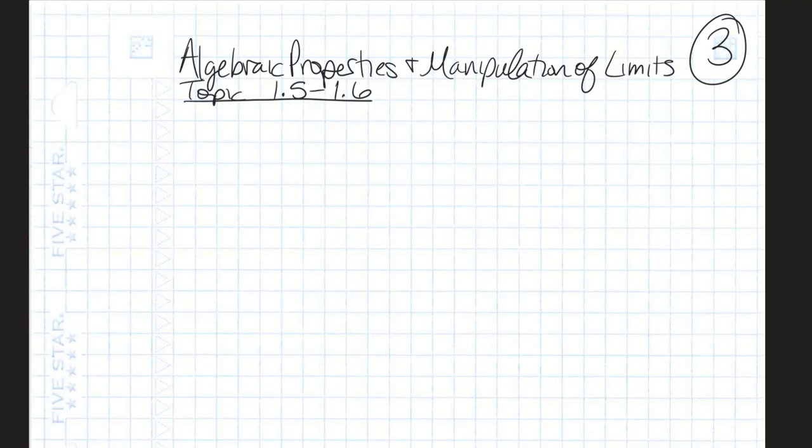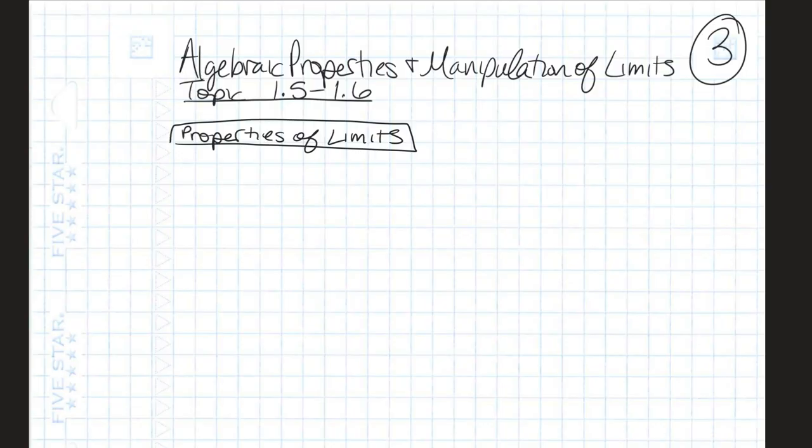The 5 properties of limits that we're going to go over in class are as follows. So we're going to call this section the properties of limits. To do these properties, we do need to have a few givens for us.